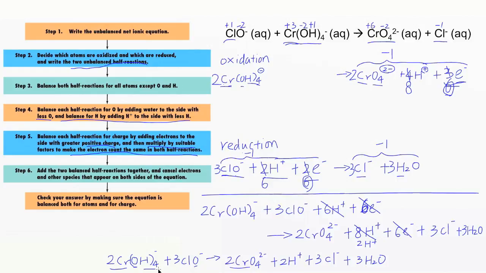Proton, you have 8 protons total in this species, and you have 2 protons plus 6 protons, 8 protons. Hydrogen is good. Now 3 chlorine, chlorines are good. Now, so this is the final version of this. This is the overall net ionic equation for this reaction.